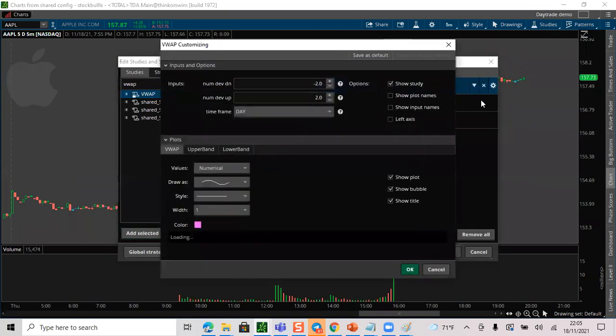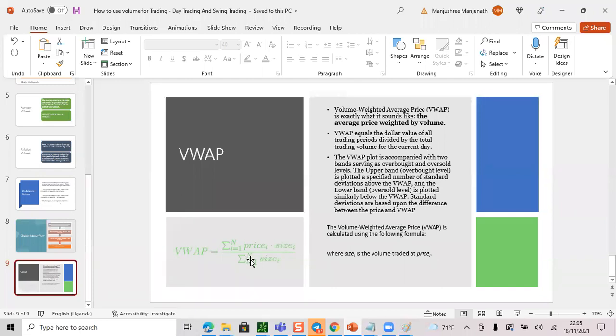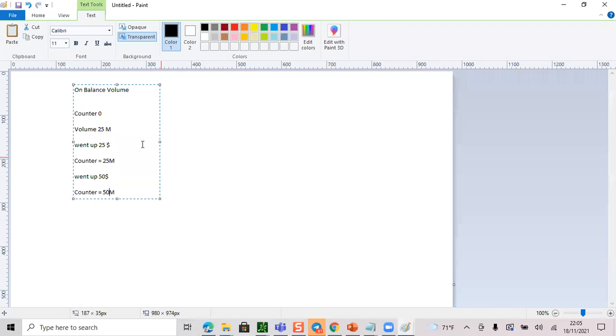So what exactly is the VWAP? Right, this is the formula, but I will just tell you, VWAP is nothing but it will just find out the average price for today. It tells you, okay, where is the price one to value one, like that.